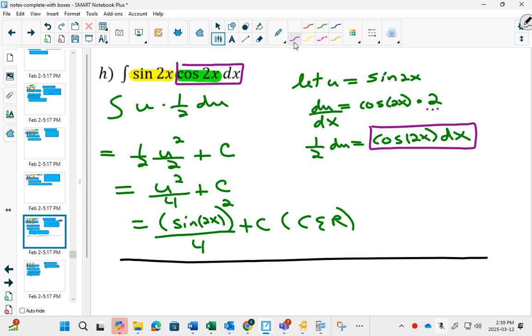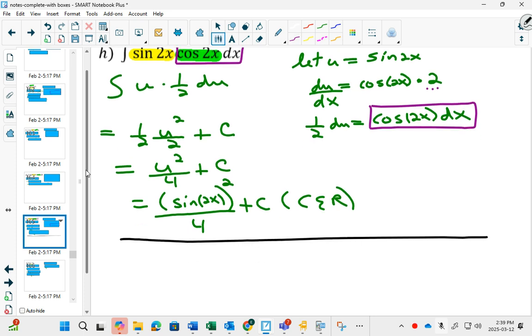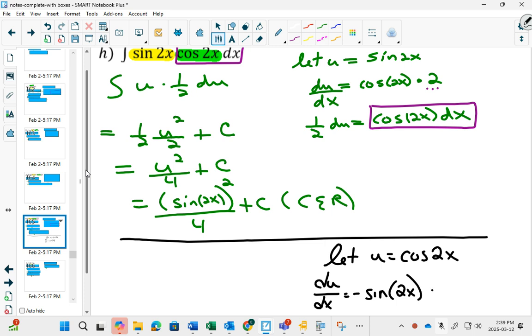You don't have to write all of these down, but I'm going to do it again and say, let's say you made u the cos 2x. Okay? Then du dx, the derivative of cos is negative sine 2x, and we would have a chain rule times 2.